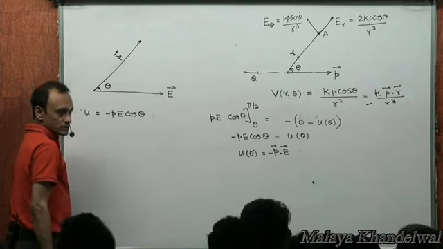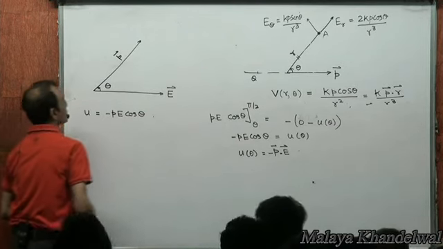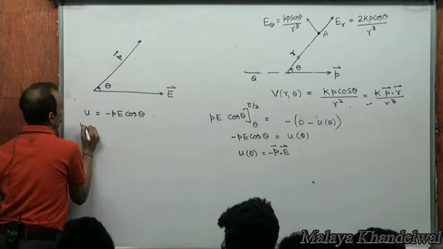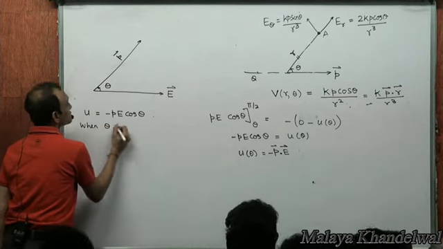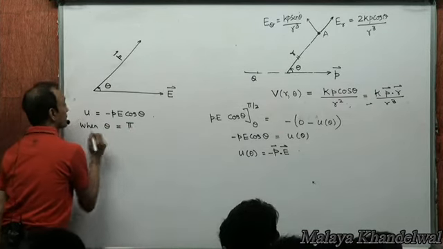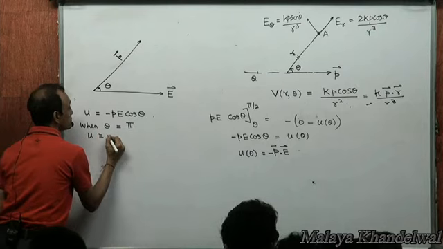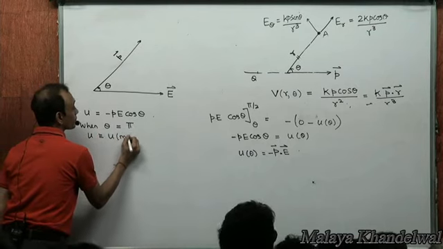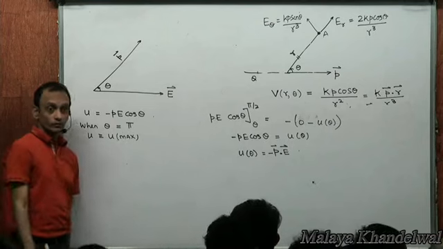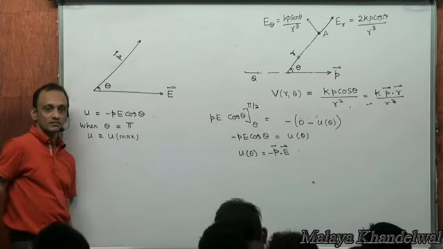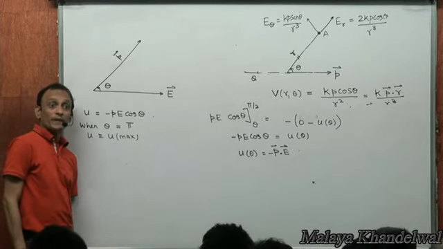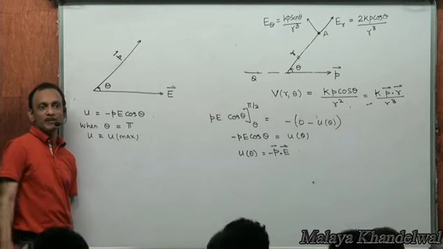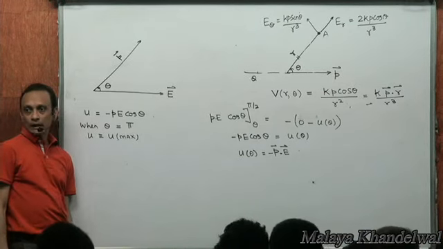Do you realize that when theta is pi, U is maximum? It becomes plus PE. When theta is pi, you assume the maximum value, plus PE.